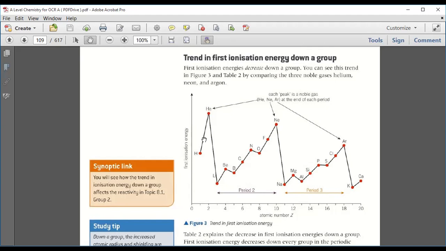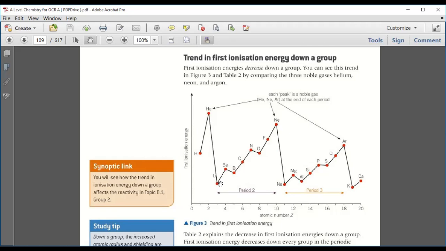The outermost shell is fully filled. A fully filled outermost shell is a little more stable in nature. It will be difficult to remove an electron from that, so the ionization energy will be high. Is that clear?